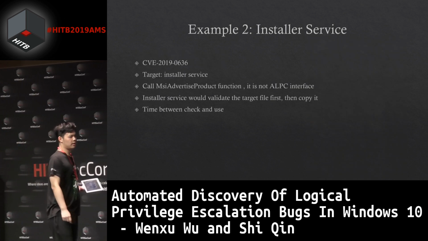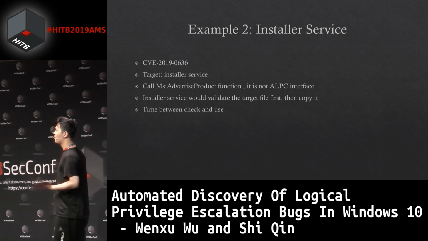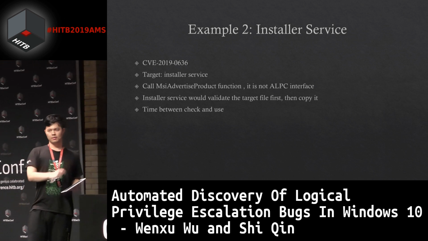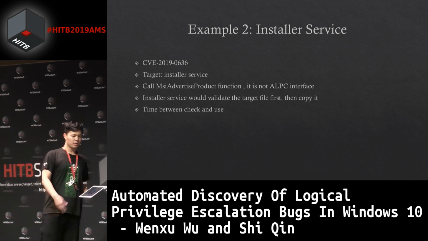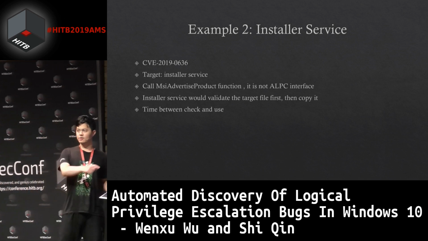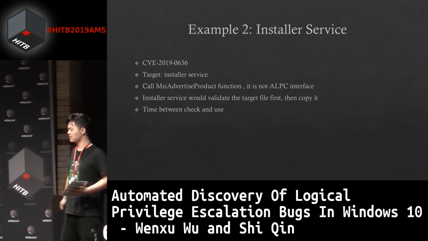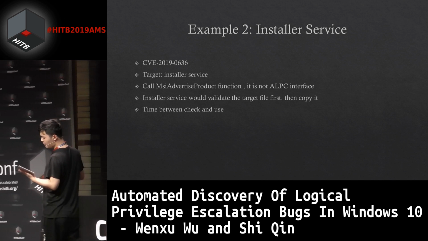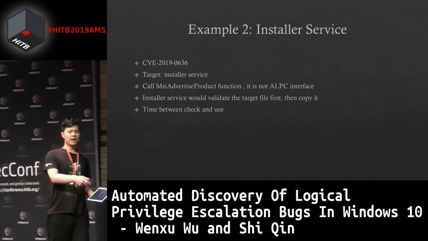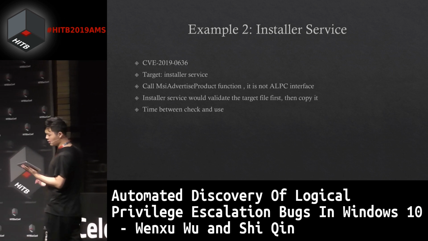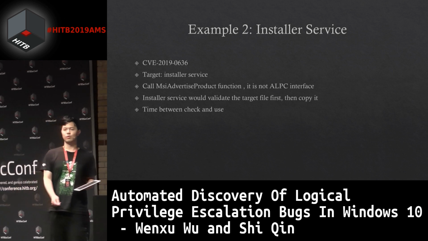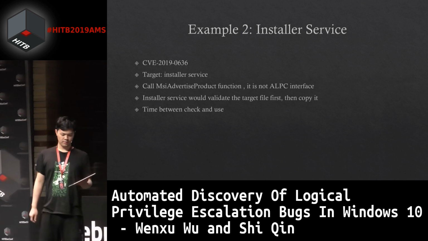Let's see the second vulnerability. It is located in the Windows Installer service. But most importantly, it is not an ALPC interface. It is a function called MsiAdvertiseProduct, which is used to communicate with the installer service.